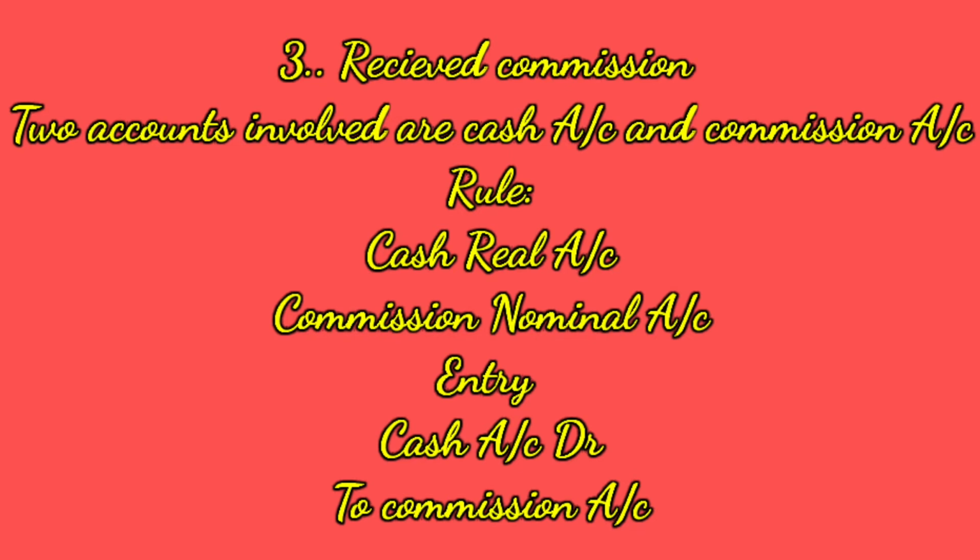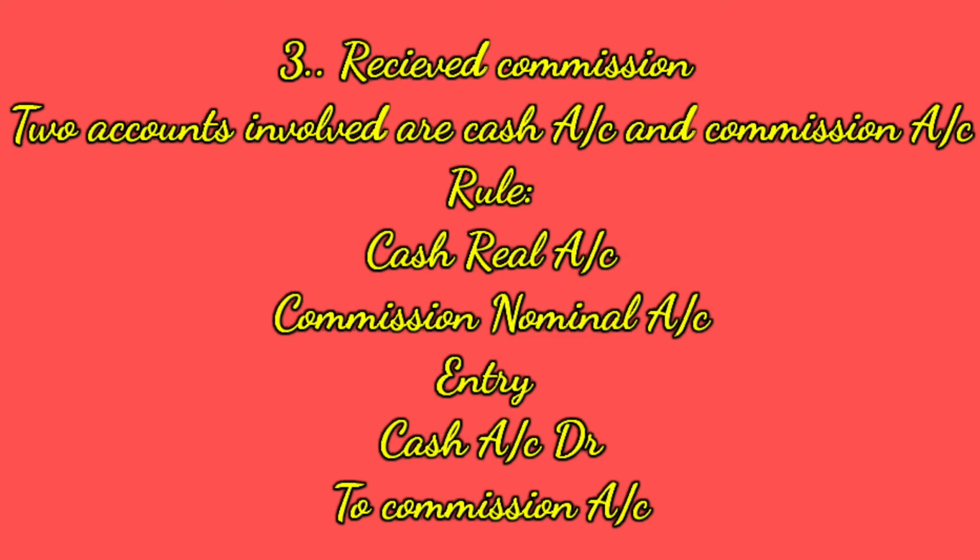Cash account belongs to real account and commission account belongs to nominal account. So let's see what is the rule for a real account. That we already know, debit what comes into the business and credit what goes out of the business. Here commission comes into the business in the form of cash. So cash comes into the business, cash account should be debited.